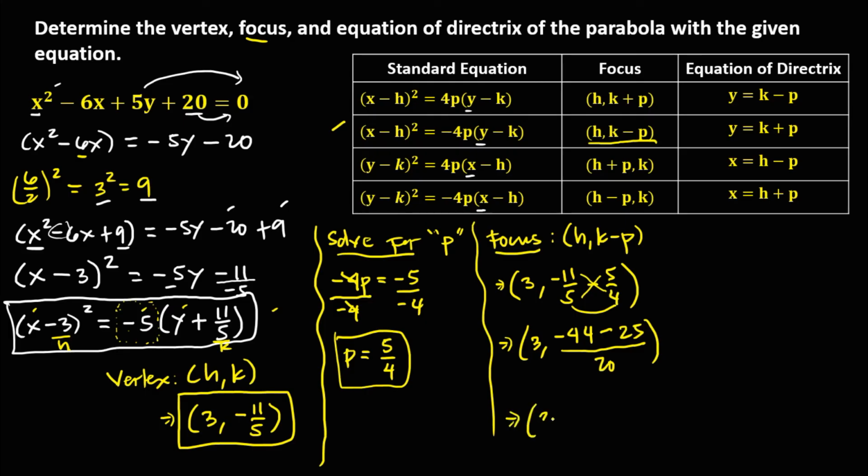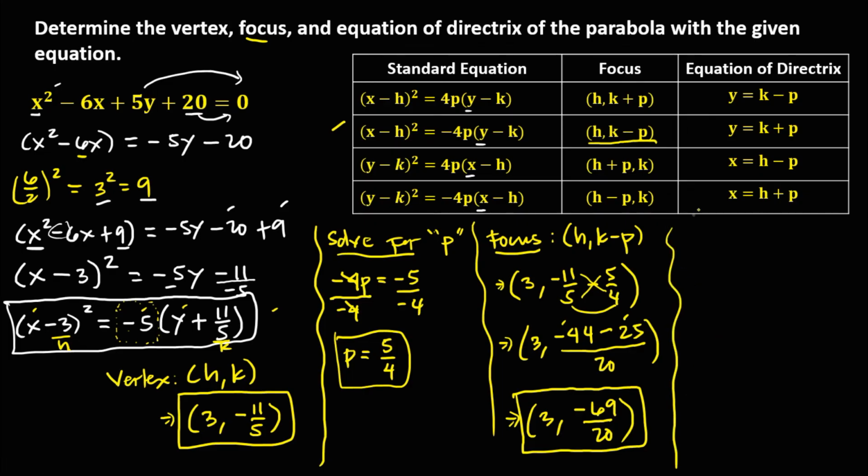So we have now 3, then this negative 44 and negative 25, so the same negative, you add, this one is negative 69 over 20. So this is now the coordinate of the focus.